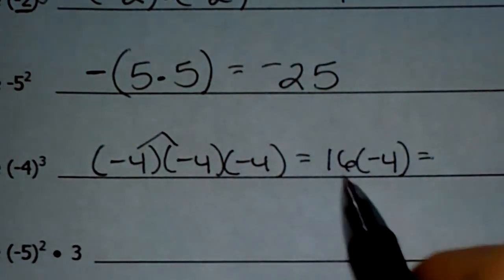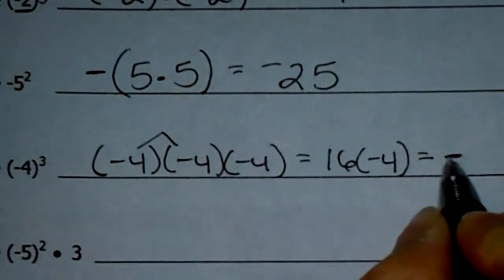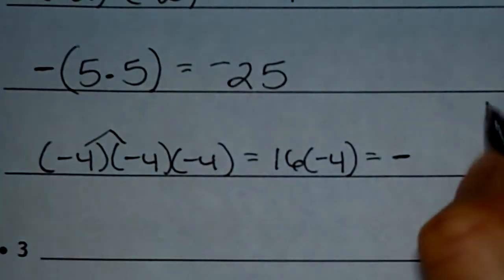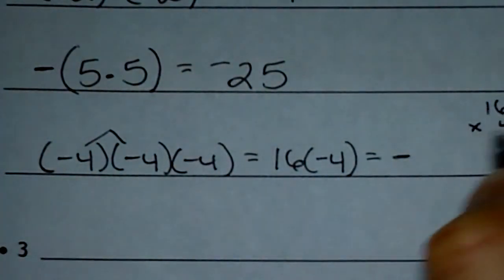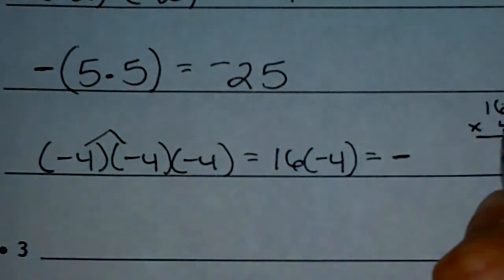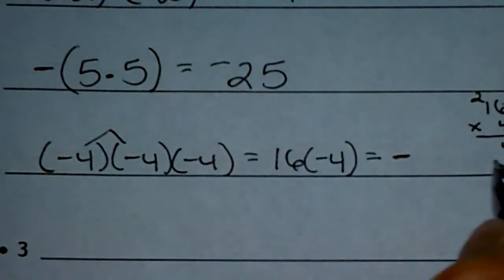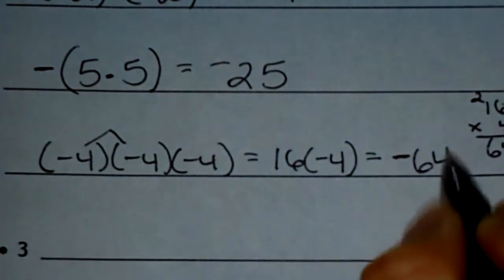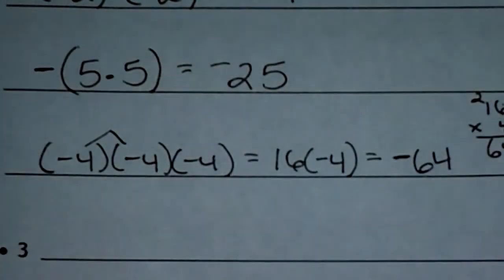If you don't, we know that a positive times a negative is a negative, and maybe you have to set it up like this, 16 times 4, and 6 times 4 is 24, and 4 times 1 is 4, plus 2 is 6. You could get it that way as well. If you didn't know what that was off the top of your head, that's fine.